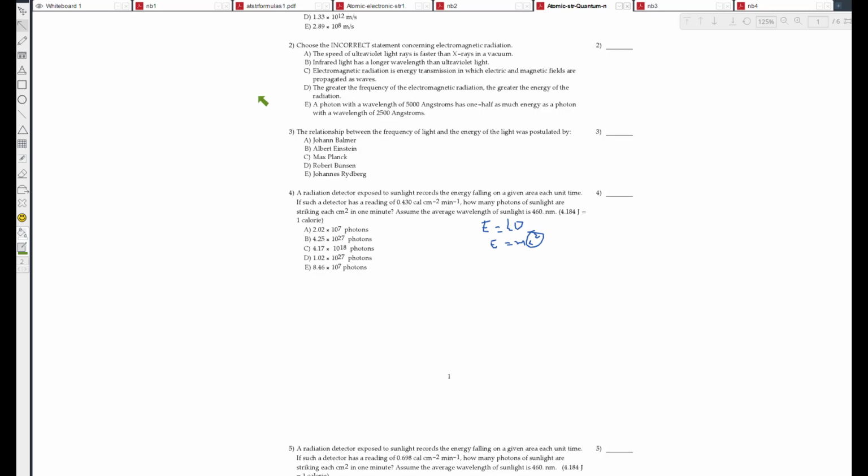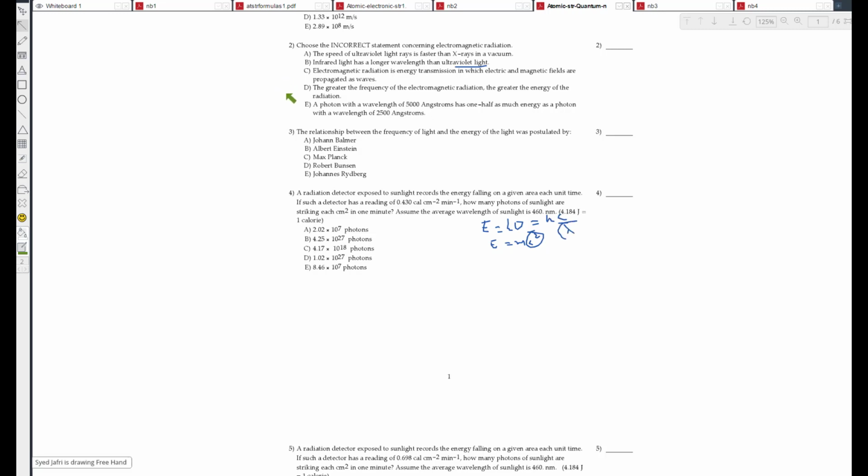Why does infrared light have a longer wavelength? Because infrared light has lower energy than ultraviolet. As I told you, E is equal to h nu, so energy is directly proportional to frequency, but inversely proportional to lambda.